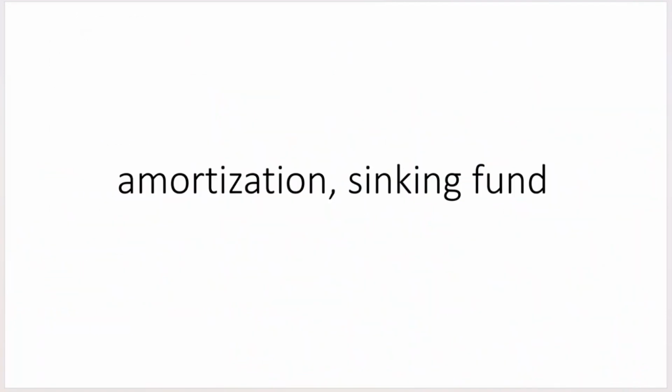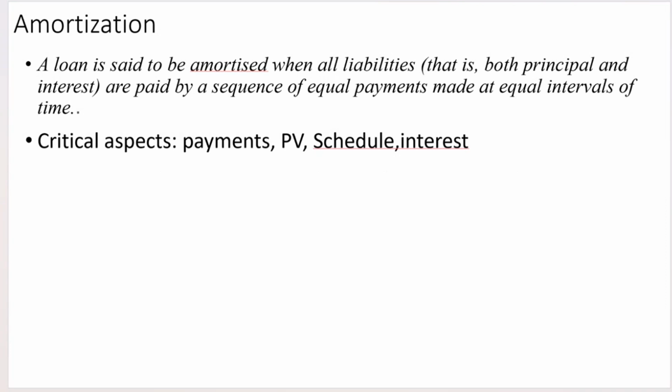Let us look at examples on amortization. The reason for amortization is about payments. You're making equal payments at specific intervals, but you need to be paying the interest together with the principal at the same time.